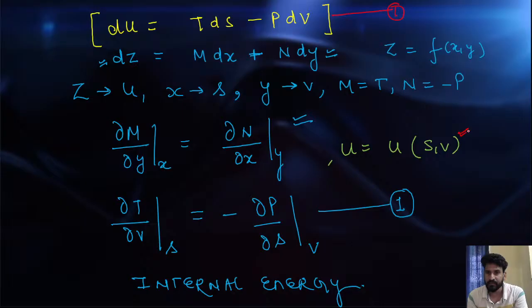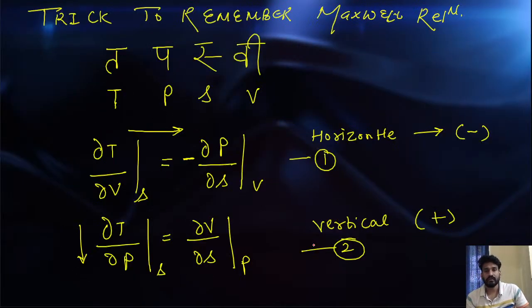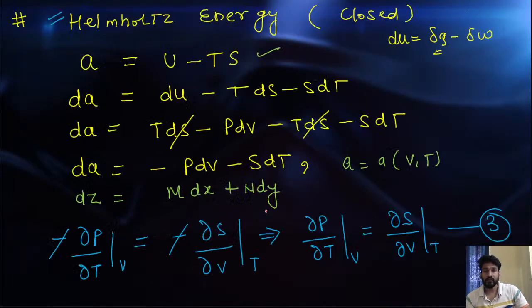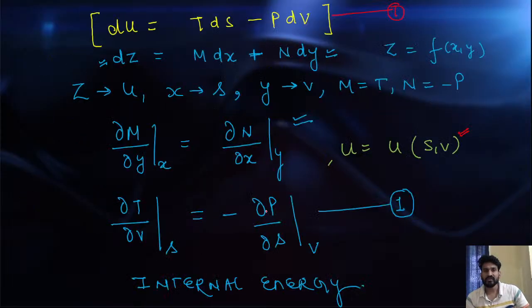This is a very important point, right? And here also you can see in this relation, what are the variables? Entropy and volume. If you see the equation C, it stands for entropy and volume, but the others are entropy and pressure, pressure and temperature, volume and temperature, right? So variables are different in all four cases.